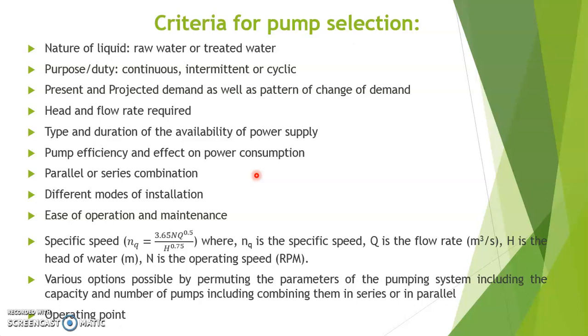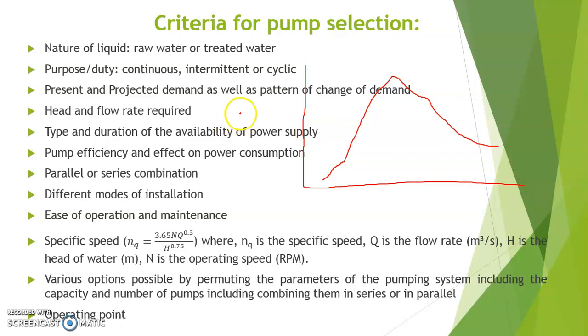Then specific speed. Actually, this specific speed is a parameter which defines the efficiency of the pump. The more the specific speed, the greater will be the efficiency. Actually, this varies like this. Here is the efficiency and here is the specific speed.